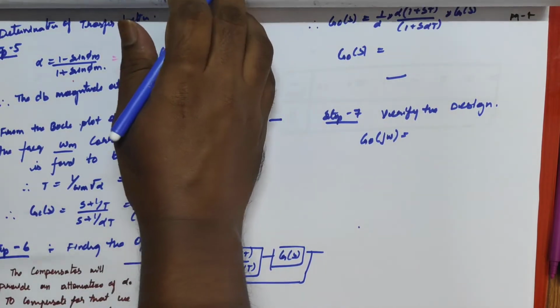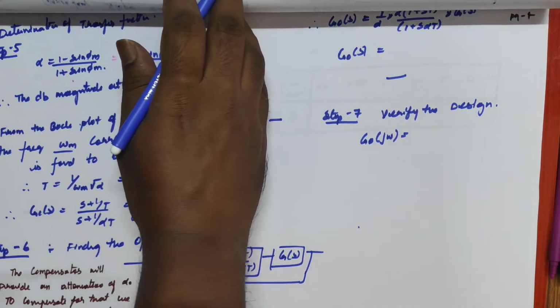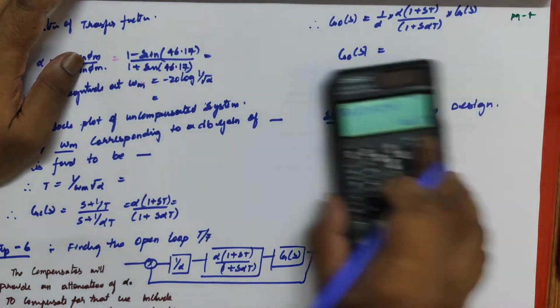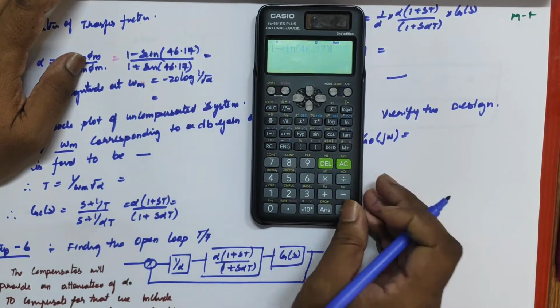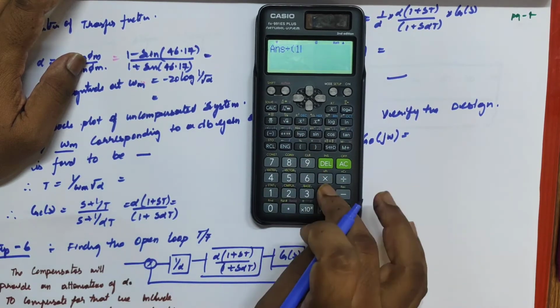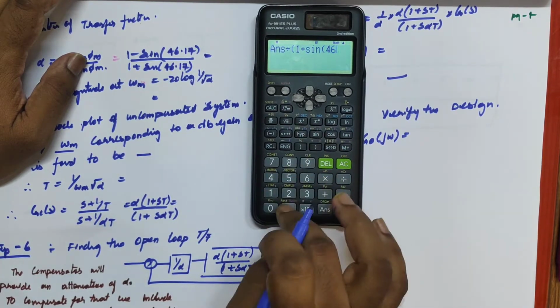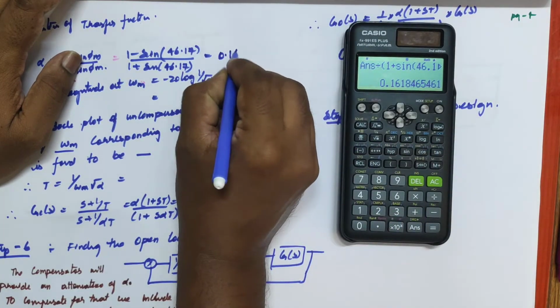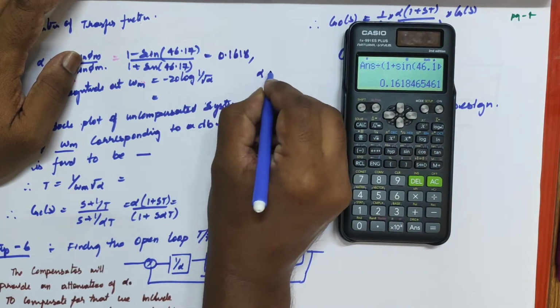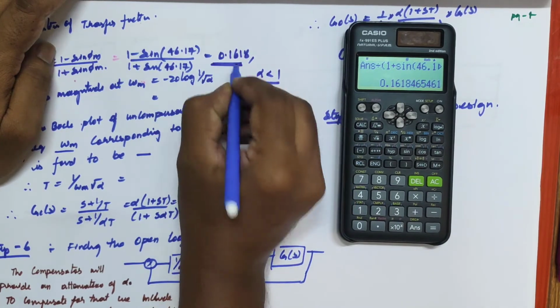After finding that, I obtained a value of 0.1618. There is not a lot of math involved, it is only a simple idea. I already know that the alpha value should be less than 1, so I obtained a reasonable value.